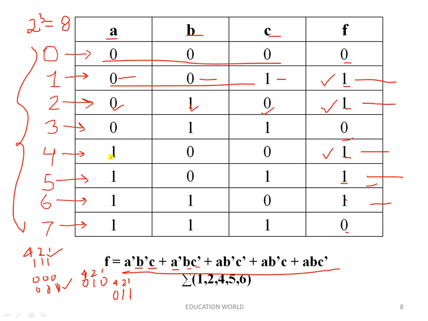And this one, a is equal to 1, this is true form a, and b and c are 0, then it is complemented form, b complement c complement, plus then it is 1 here, then a is equal to 1, true form a, and b is equal to 0, then b complement, and c is equal to 1, so c in true form, and plus this one, a is 1, so a is true form and b is equal to 1, then b is true form, and c is 0, then it is c complement.